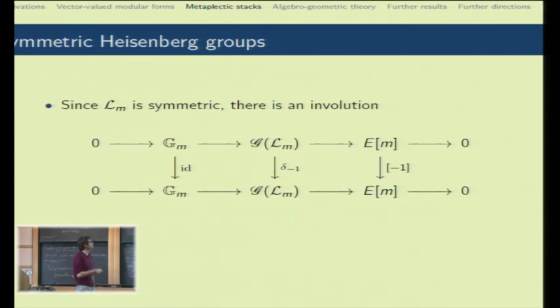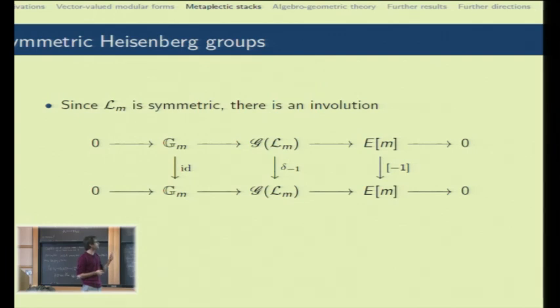Now, we have to take into consideration the fact that the sheaf L, I haven't really talked much about it, it's more like a technical condition, but L_m is symmetric, meaning if I pull back by the inversion morphism of the elliptic curve, L_m is isomorphic to its pullback, to L_m^{-1}.